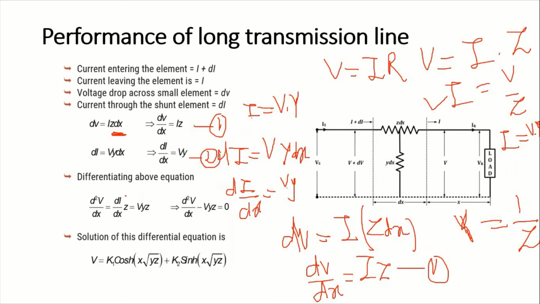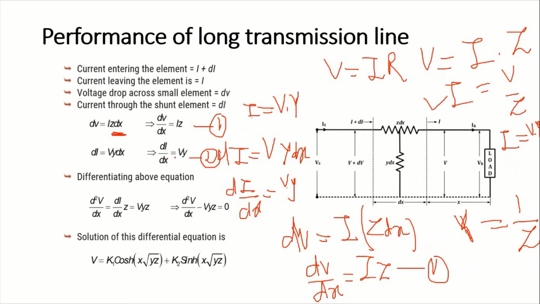Now differentiating the first equation with respect to x, we get d square V by dx square, which is equal to z common, since z is a constant and only I varies with x, so z into dI by dx.